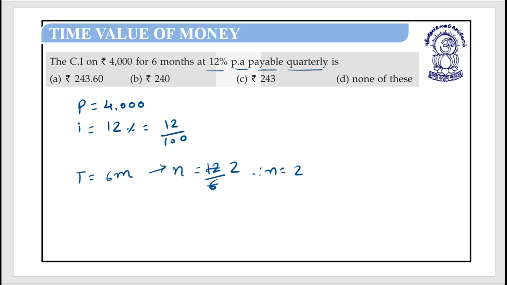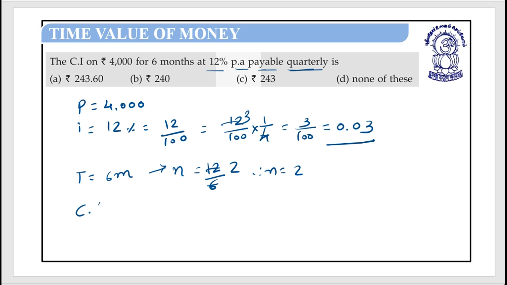And here payable quarterly. So 12 by 100 multiply with 1 by 4, 4 3s are 12, 3 by 100 is equal to 0.03. So I is equal to 0.03.